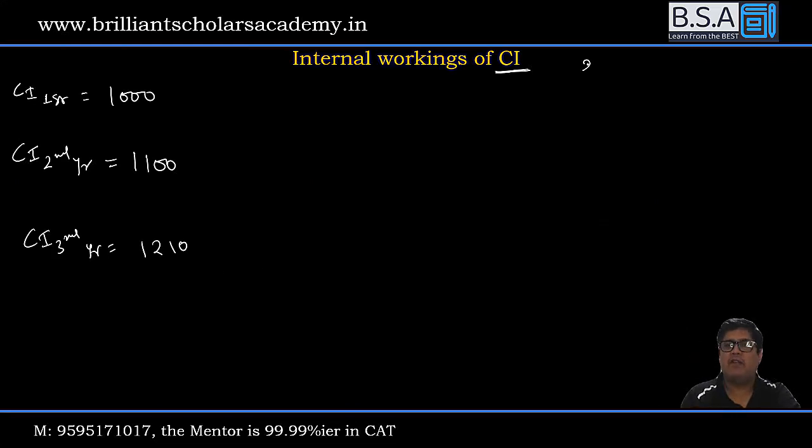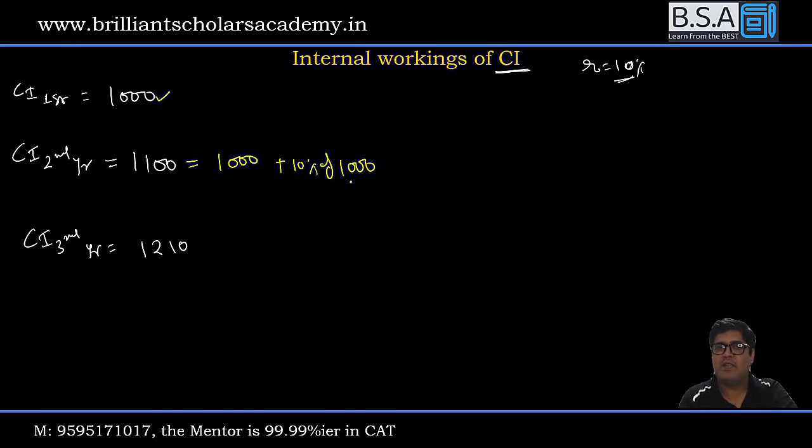What was the rate of interest? The rate of interest was 10%. So do you guys observe in the second year, it is previous year interest plus 10% of itself. What is 10% of 1000? 100 rupees.